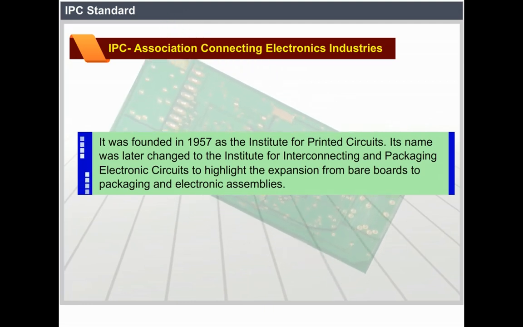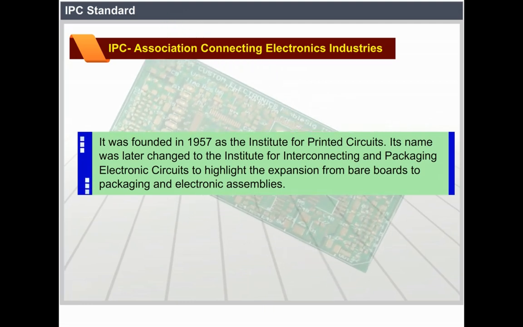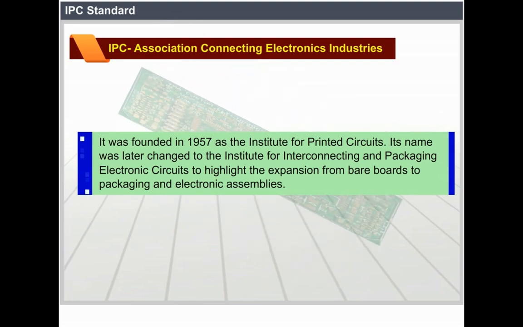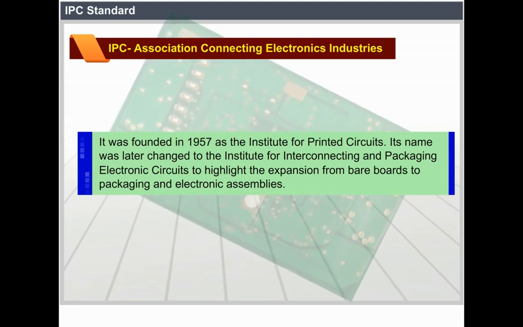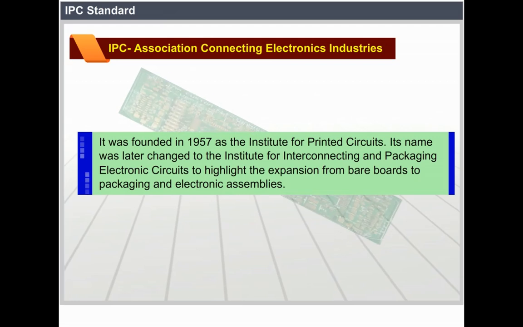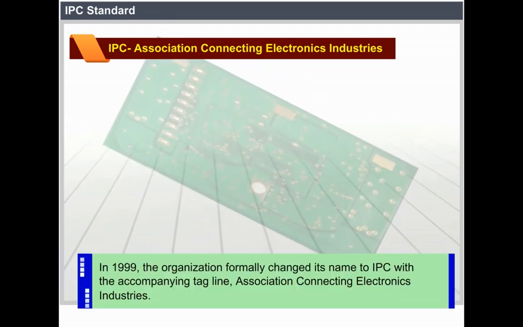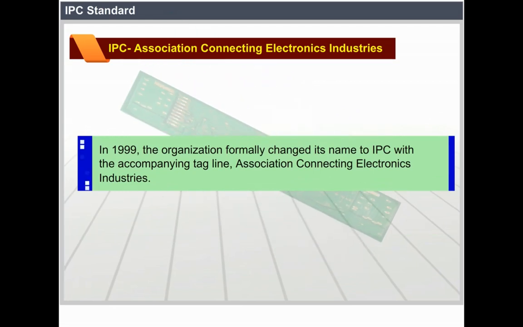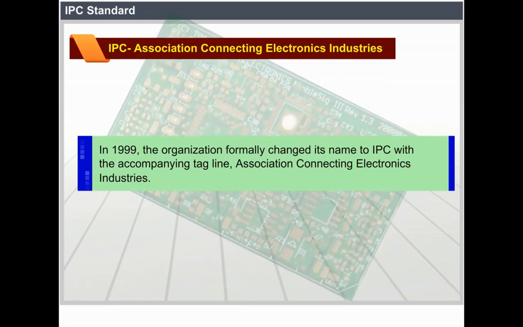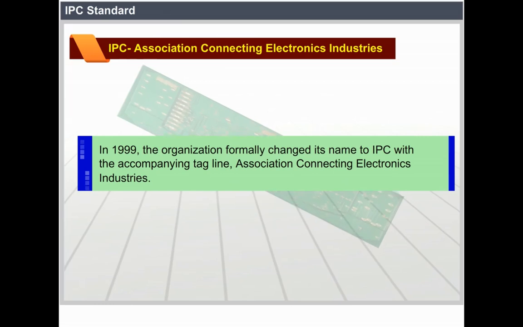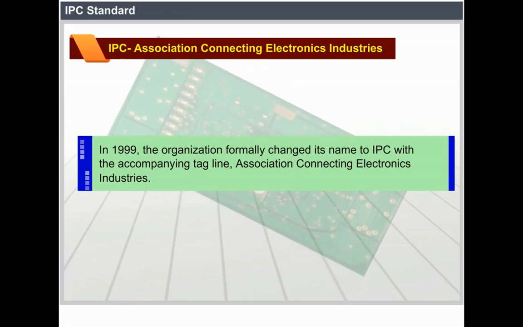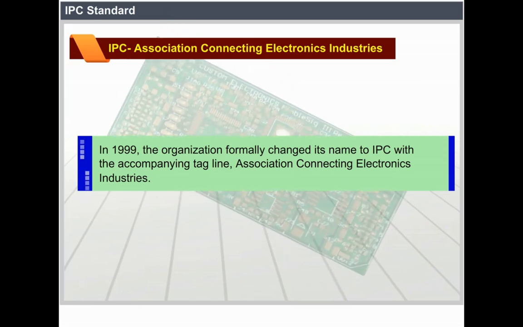Its name was later changed to the Institute for Interconnecting and Packaging Electronic Circuits to highlight the expansion from bare boards to packaging and electronic assemblies. In 1999, the organization formally changed its name to IPC with the accompanying tagline, Association Connecting Electronics Industries.